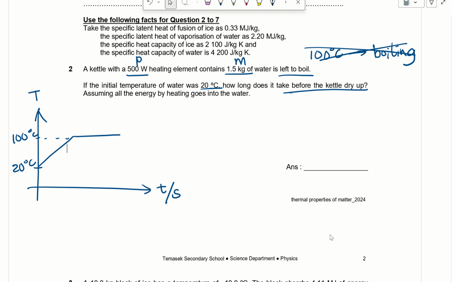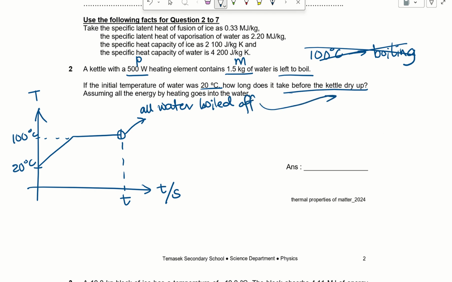At the end of this time, all the water has boiled off and the kettle will then be dry. We need to assume that all the energy from heating is transferred to the water.